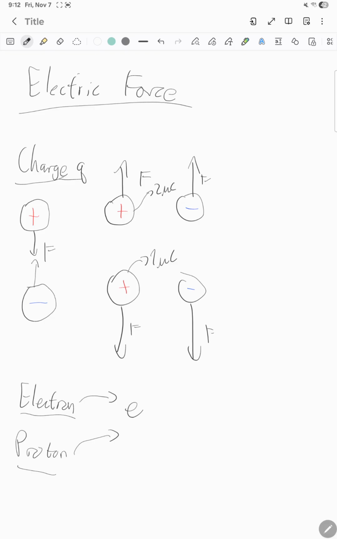Both have the elementary charge e, but the electron has negative e and the proton has positive e. The elementary charge e is 1.602 times 10 to the negative 19 coulombs. When we have problems asking what an electron or proton is doing, we're going to use this value.